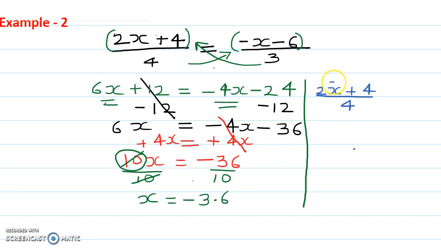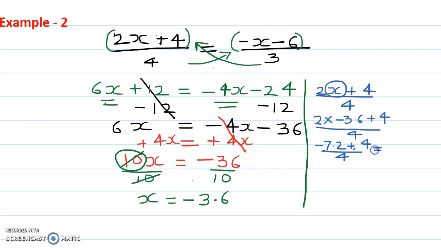So in place of x, we are going to put minus 3.6. If you write down 2 times minus 3.6 plus 4 divided by 4, it will be minus 7.2 plus 4 and divide by 4.